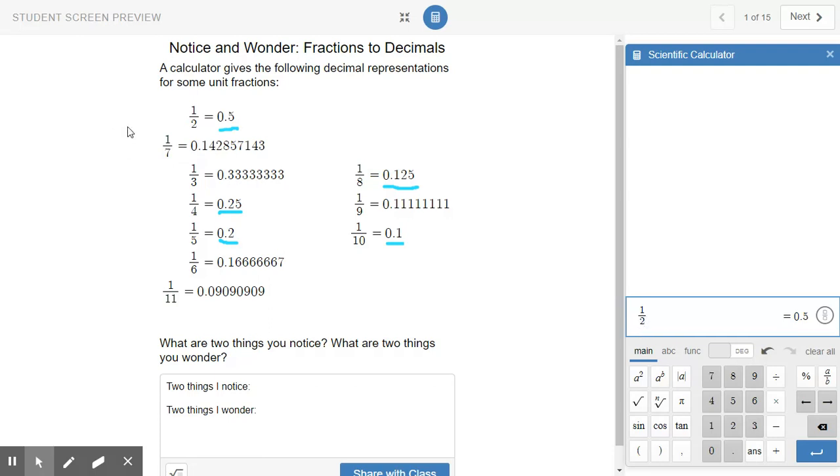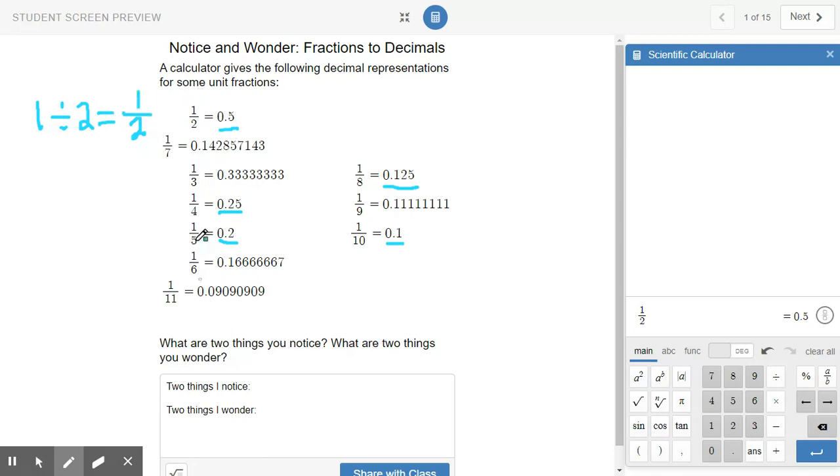So even though I typed in 1 divided by 2, the calculator actually reads that as a fraction, 1/2. So that's because they're equal, right? And which is also why we can get a decimal version. So that's how we change a fraction to a decimal. You always divide the numerator by the denominator, okay?